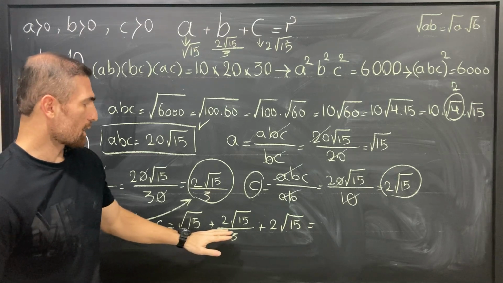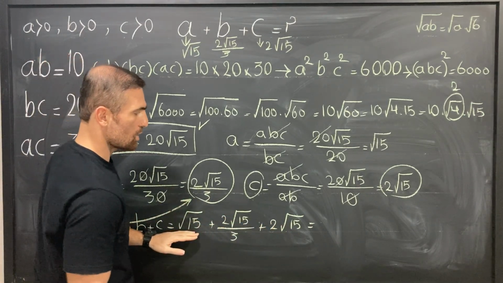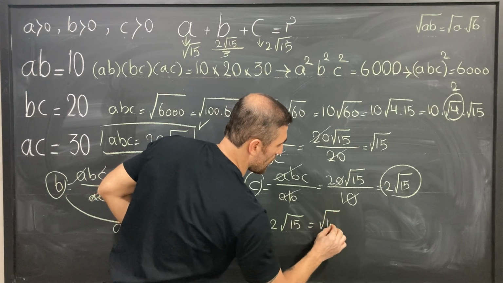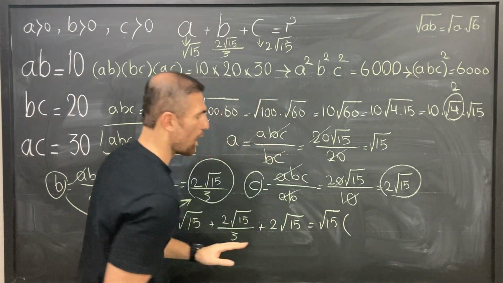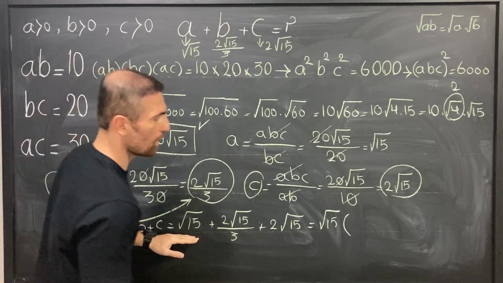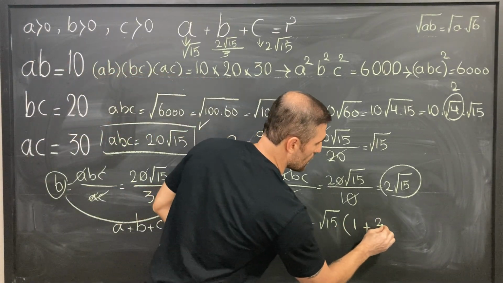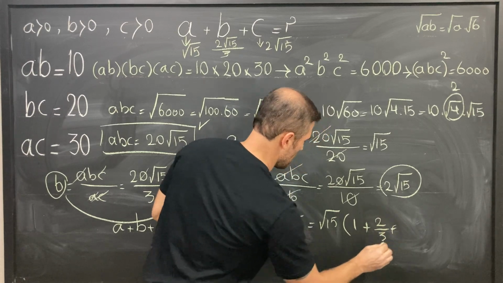What is the common factor between all these three terms? Square root of 15. I factor square root of 15 out. The first one is going to be 1 plus 2 over 3 plus 2.